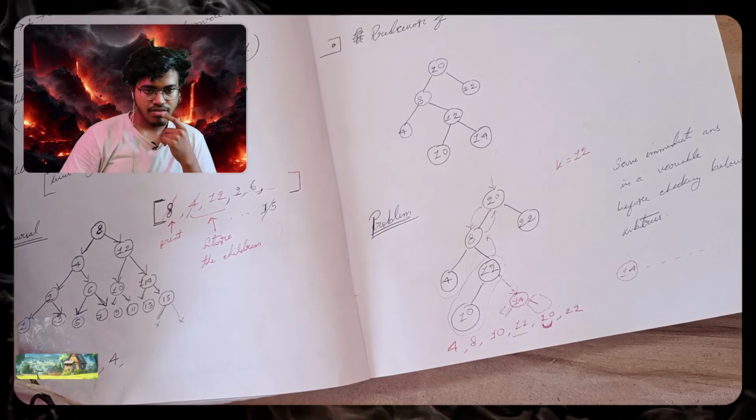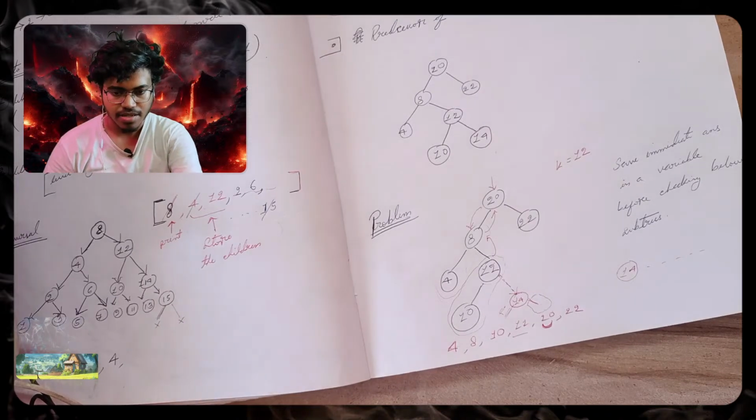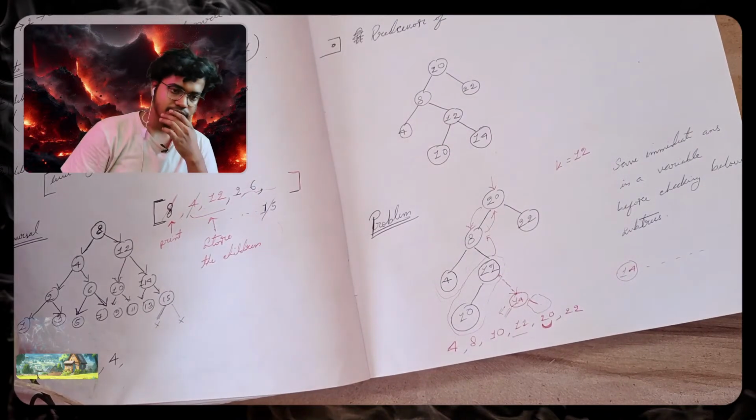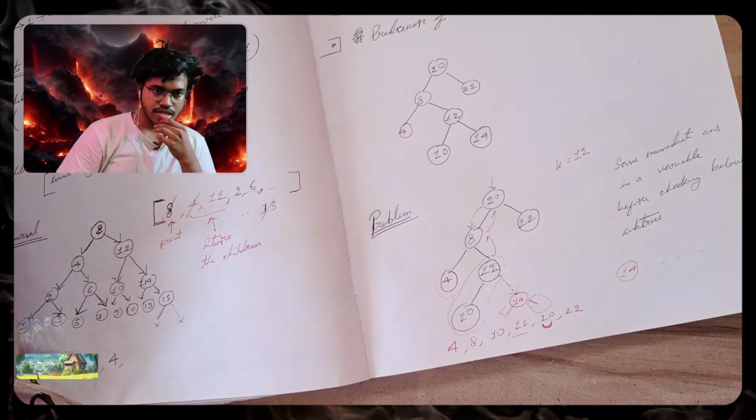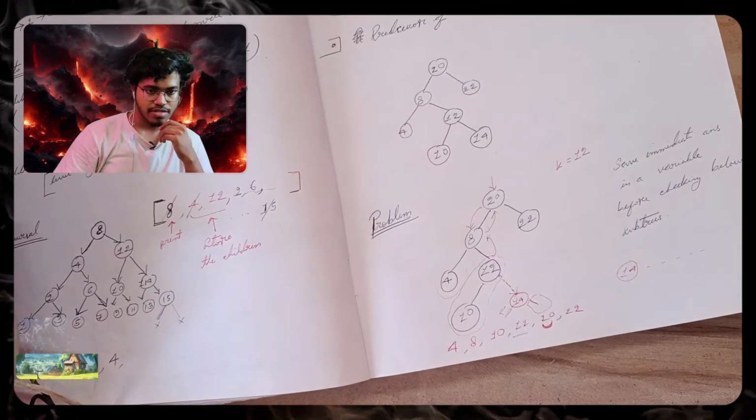We have to return the node, I guess. That is why it is showing an error. Return the node. Okay. There is a type node. Now it should work, I guess. Yeah, it is working. Let me submit.